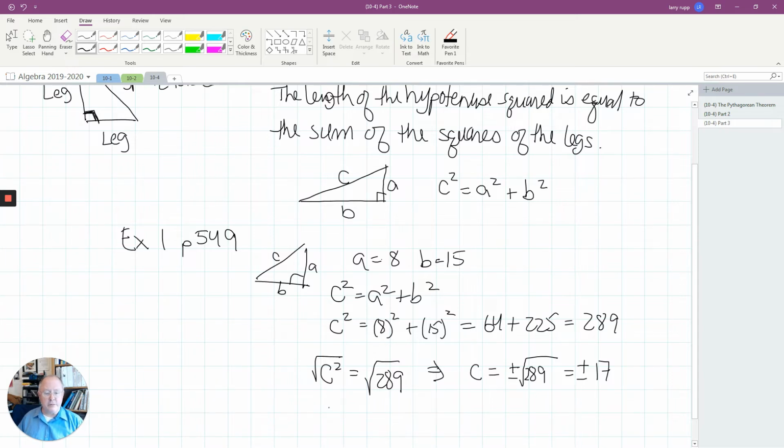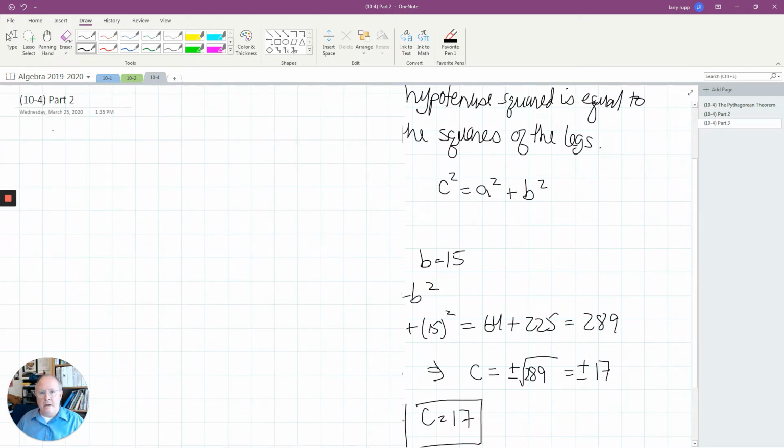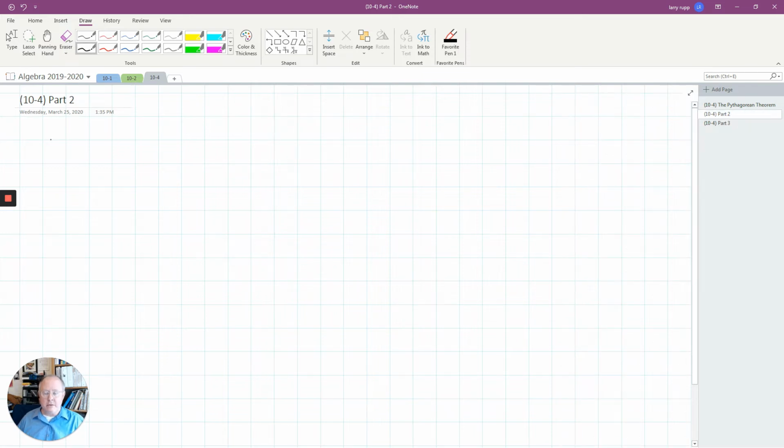So C is equal to plus or minus 17. Well, we don't have negative distances in real life or in triangle land. So you can't have a negative length hypotenuse. Therefore, C is equal to 17. Okay? Not too difficult.